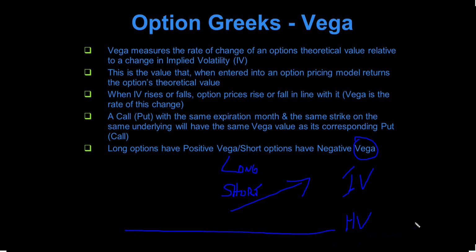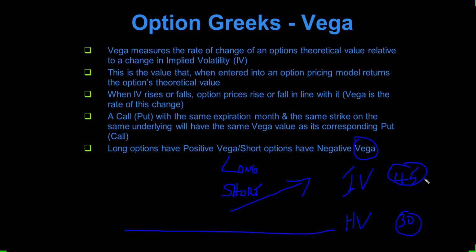It's a given number. So if historical volatility is at 30 and implied volatility is way up here at 45, and you see that the normal volatility for this thing is around 30, then you know that volatility is very high.